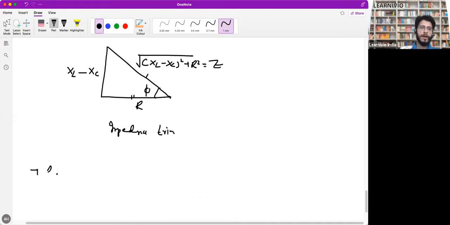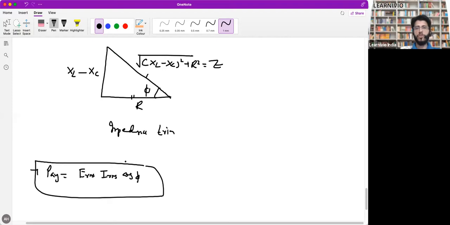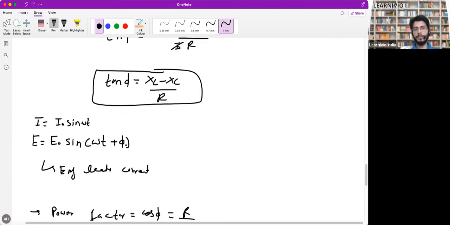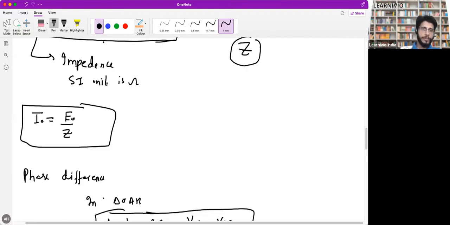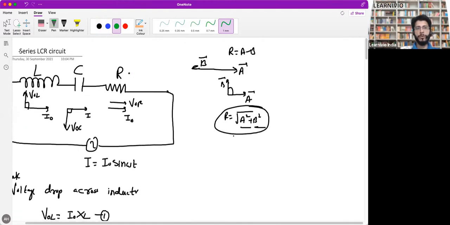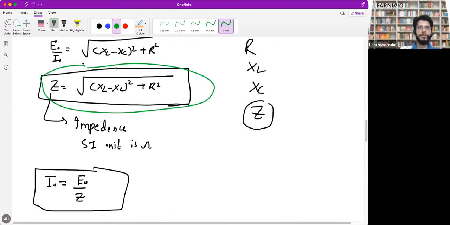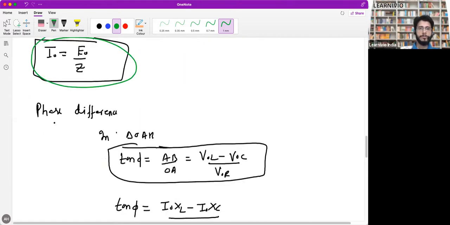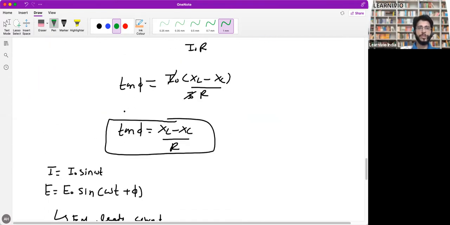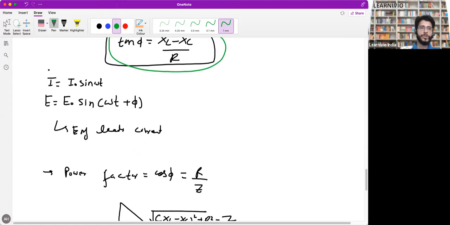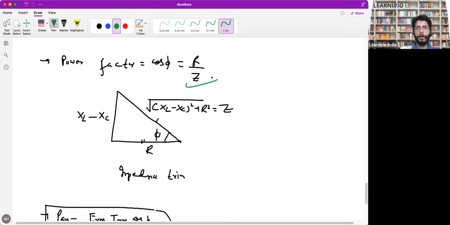For average power, we have one standard relation: E RMS, I RMS, cos phi. So this is the combination of all circuits, the LCR circuit. In this circuit, the points that you should always remember are the expression of impedance, current, the two expressions for phase difference, the equation of EMF and current, which leads, and power factor and average power.